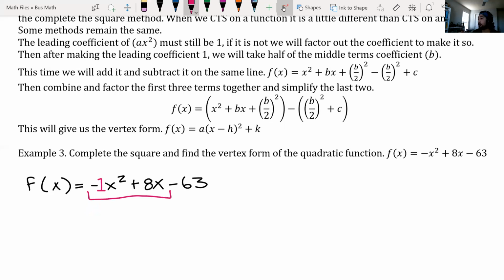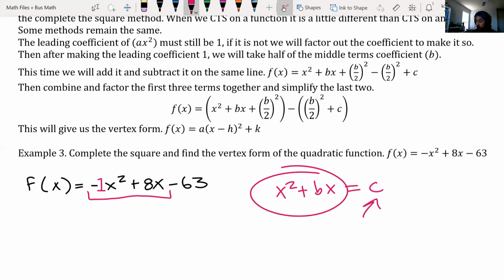We don't factor it from the last term, the constant. We only factor from the x terms. Because if you think about it, on an equation, the perfect form was x squared plus bx equal to c. We never really care about the constant. We only care about the x terms. So this is what we're going for. That x squared has to have a 1 in front. So therefore, we're only going to factor -1 out from the x terms.